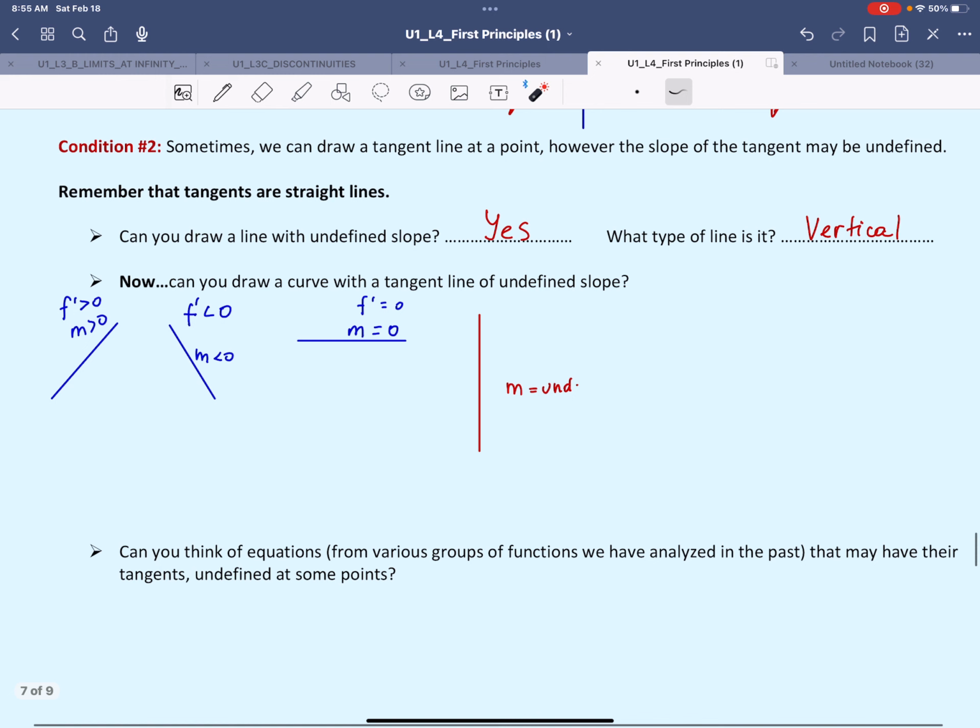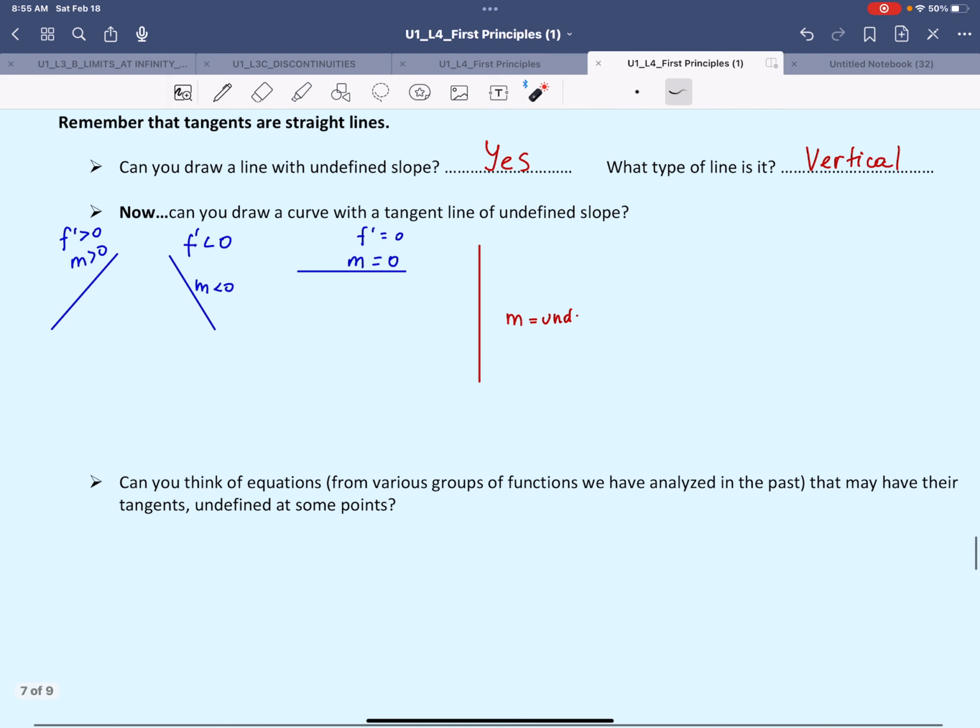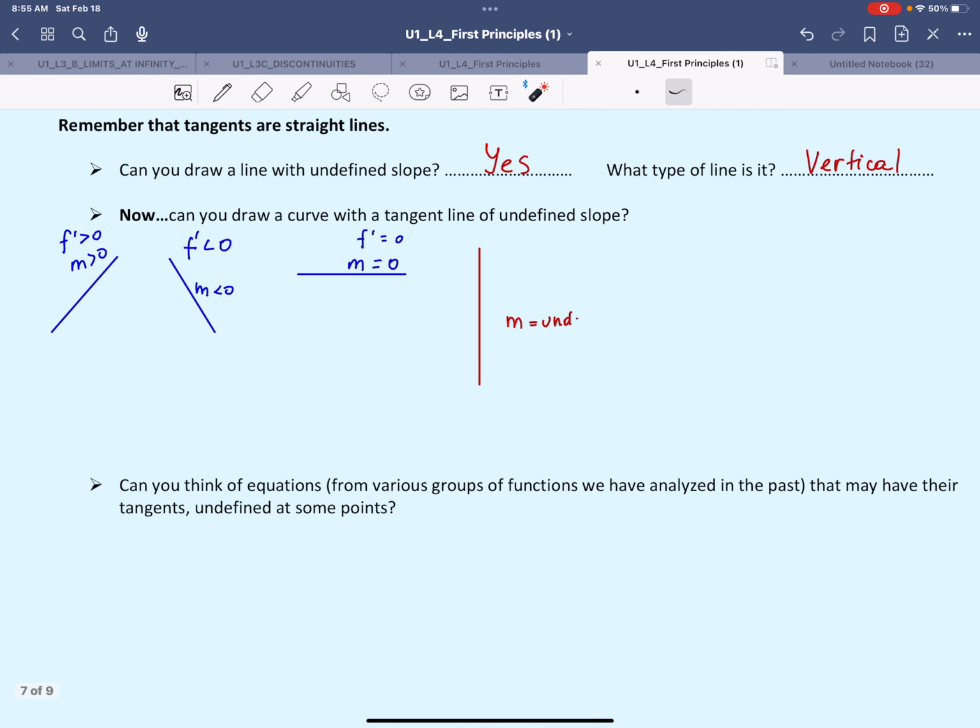What we are going to look at is a third scenario, which I didn't list in here. Scenario number 3 is when we can draw more than one tangent at a point, or when a point can have more than one rate of change, more than one derivative. As an example, I will bring in the graph of y equals absolute value of x.